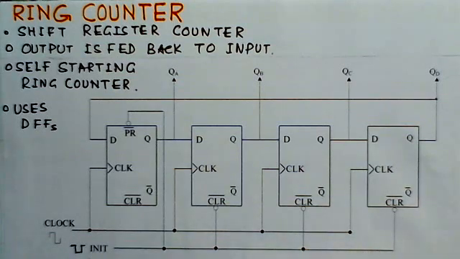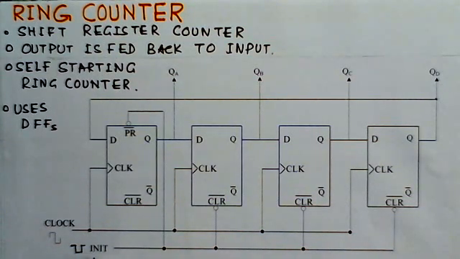They are all connected together here, and they are connected to the initializing signal. And since these preset and clear are active low, this condition will be operational when it is low.